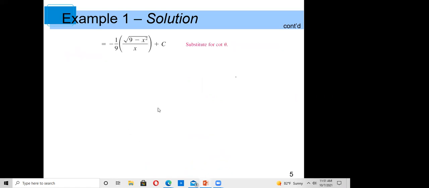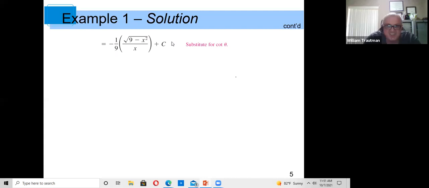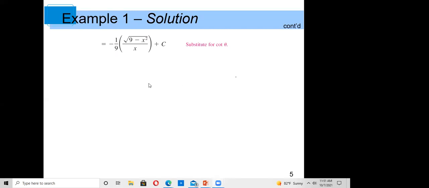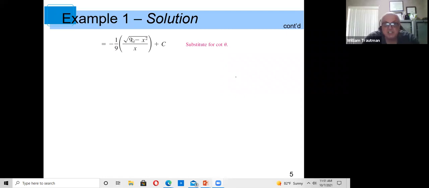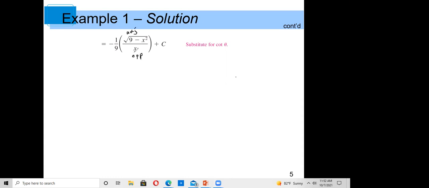Oh yeah, I even put it in wrong. That's okay. That's why I didn't answer, because I was confused on what to put in there. So I had to look, and you see that's what we put in. Cotangent is adjacent over opposite.